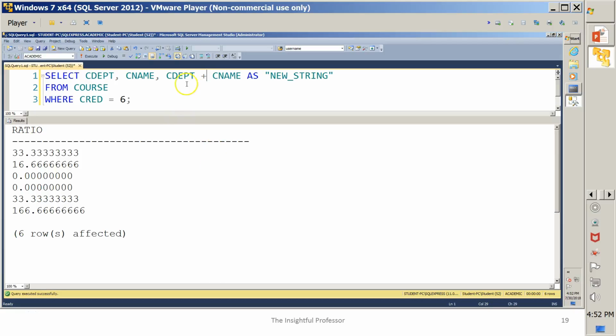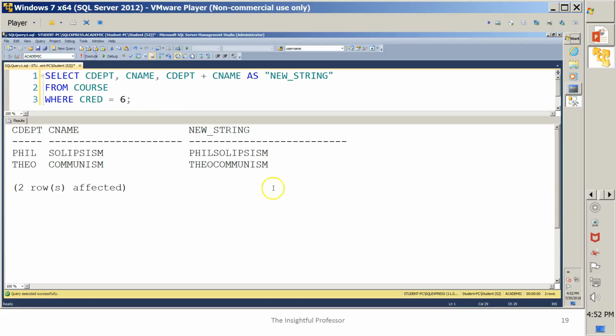But here, we're taking two character strings and kind of adding them. Well, what we're doing is appending. So I guess that's another argument for saying it is string addition. But this leads to some potential problems. Let's go ahead and try this. And now we do get the concatenation. So be aware that the concatenation operator defined by SQL Server is actually a plus sign.